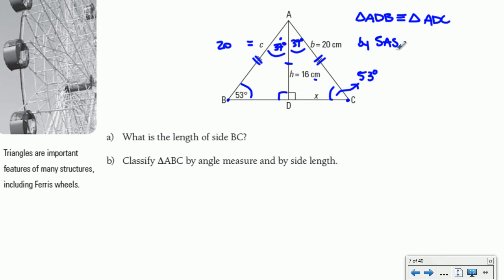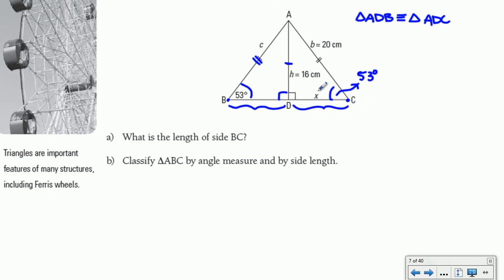Anyway, that was possibly a little bit more than what we needed. But it's going to be important because if we know these two triangles are congruent, that means I know that BD is equal to DC.